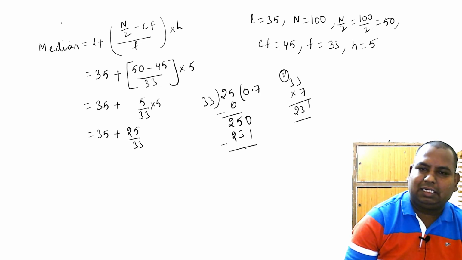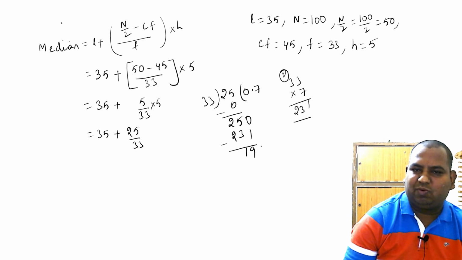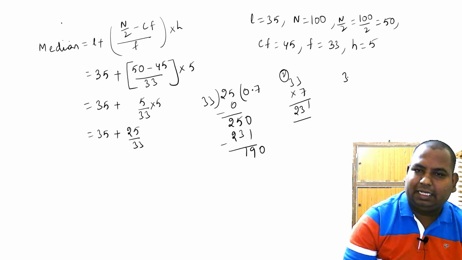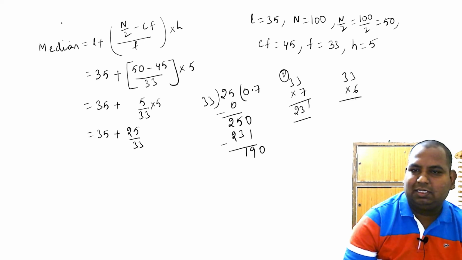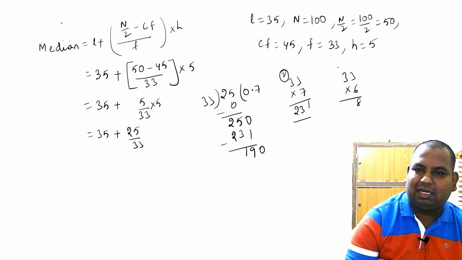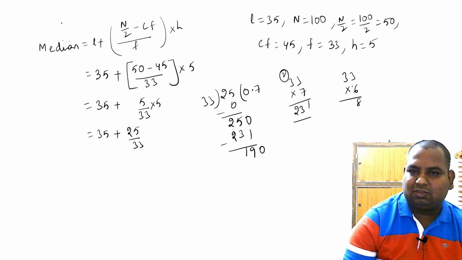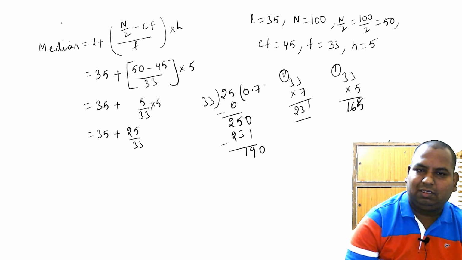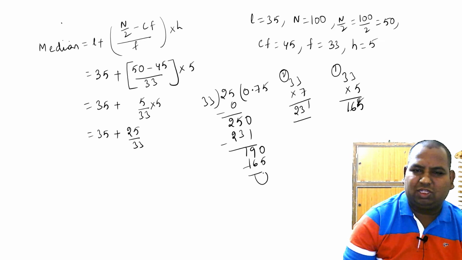Remainder is 19. We can have one more 0. So 190. 33, 6, I will check once. 6 3 is 18. Carrying 1, we'll have 198. So we'll take 5s. 33 5s, 5 3 is 15. Carrying 1, we'll have 165. So 165. Okay, we need not bother about this remainder.